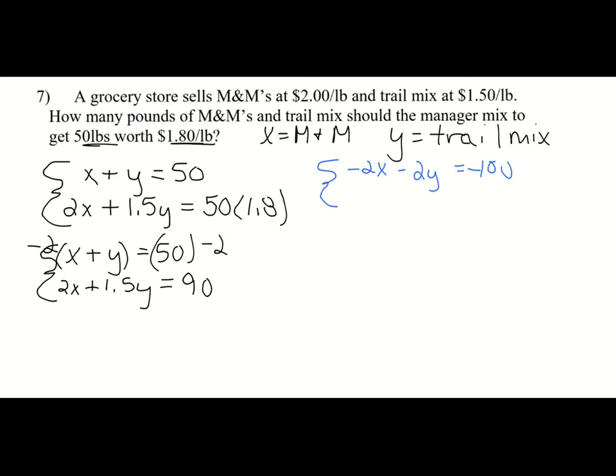And then on the bottom, we'll keep our 2X plus 1.5Y equals 90. So we didn't do anything to that bottom equation. My X's will cancel. When I add -2 plus 1.5, it'll be -0.5Y is equal to -10. And I'll divide by -0.5.